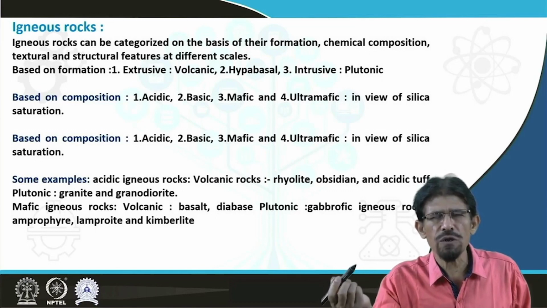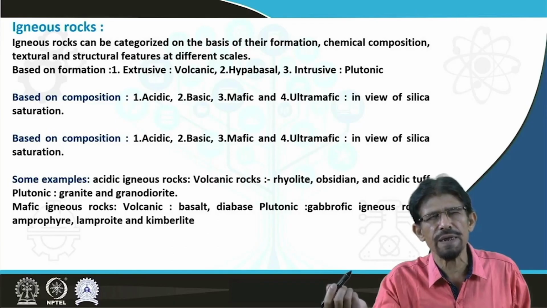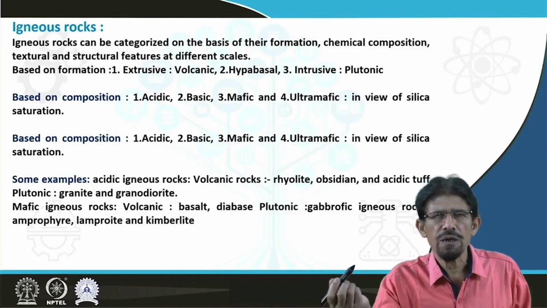If we look at igneous rock in view of composition, we can say that it can be divided into basic, acid, mafic and ultramafic on the basis of the presence of silica.